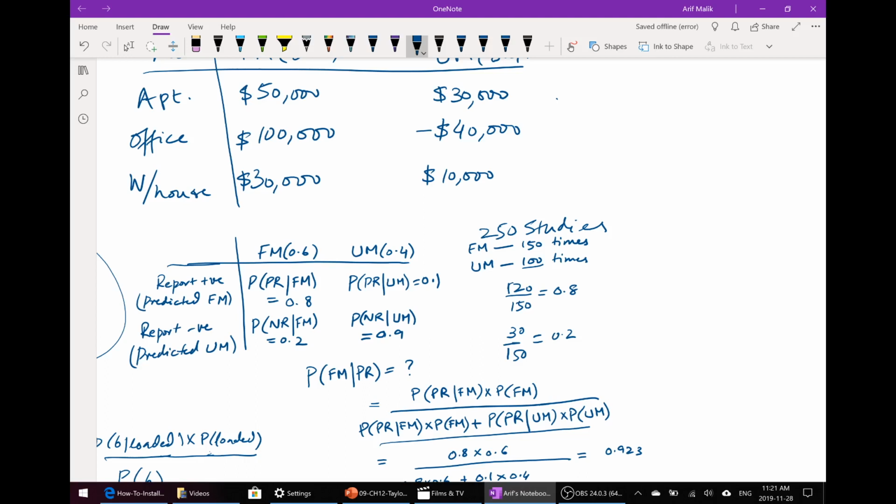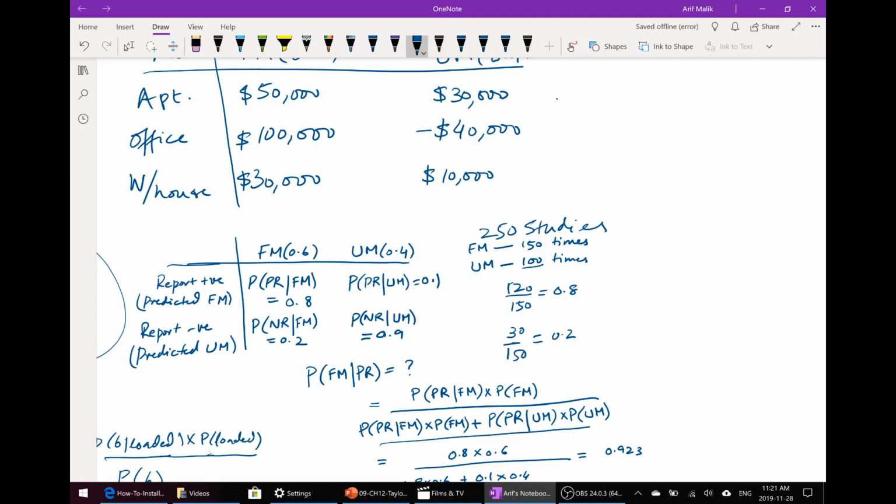If we go for the report, then there are two states of nature: either the report will be positive or negative. Then we have the second decision to make about these alternatives: apartment building, office building, or warehouse. We can invest in these three alternatives, and then the actual state of nature may occur, favorable market or unfavorable market.